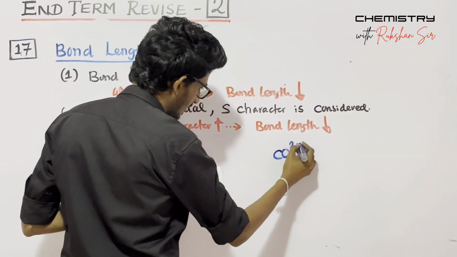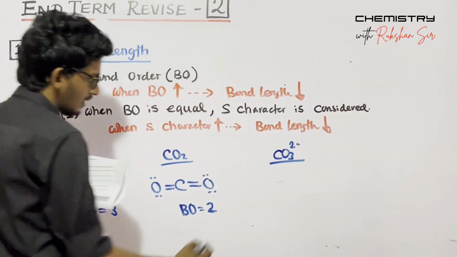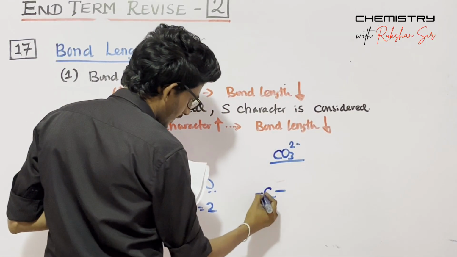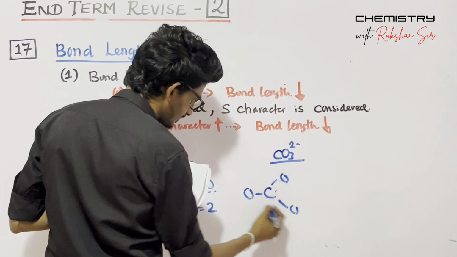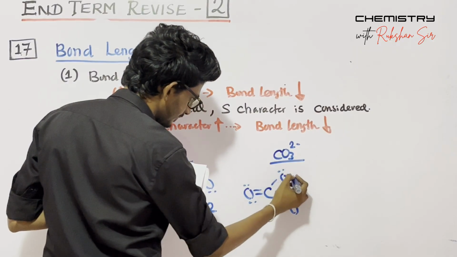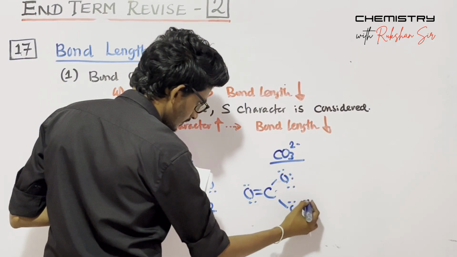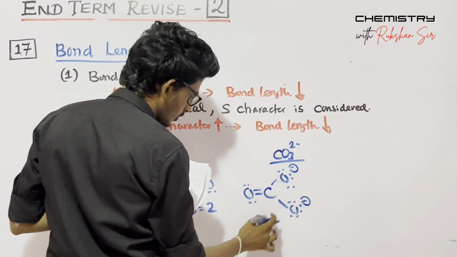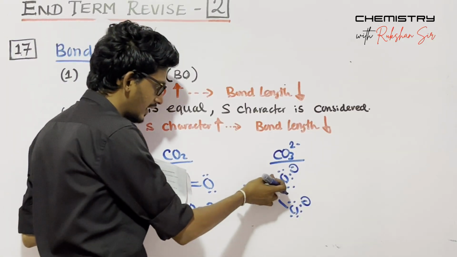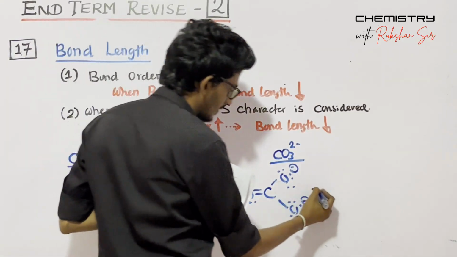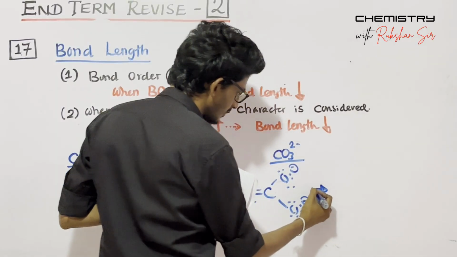When it comes to carbonate, one of the Lewis structures can be drawn like this. It appears as a resonance hybrid, so you can have the double bond here as well as here. So it appears as a resonance hybrid in nature.